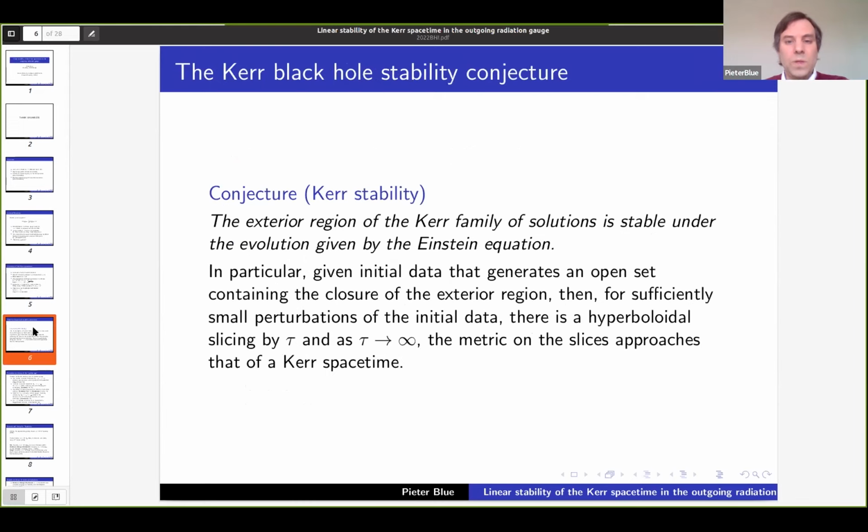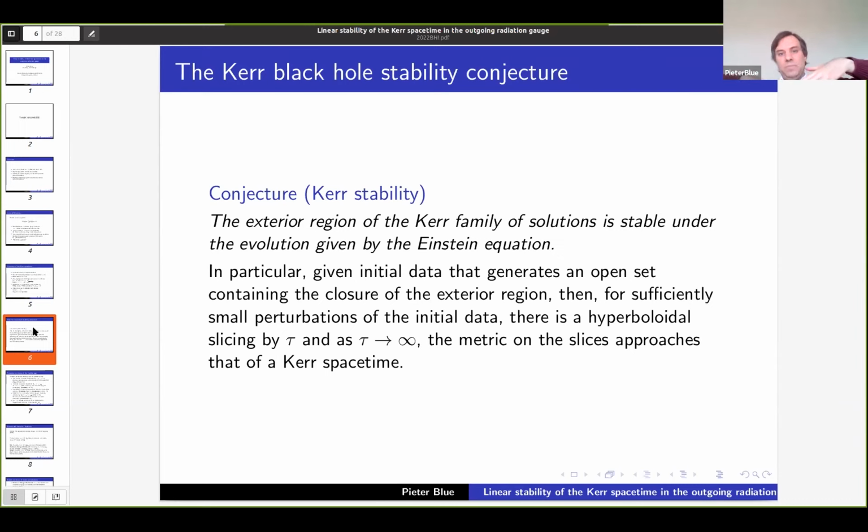All right, so the main motivating problem for this work is the Kerr black hole stability conjecture, which I'll state quite informally, that the exterior region of the Kerr family of solutions is stable under the evolution given by the Einstein equation. We have an initial value problem. If you take initial data for the Kerr black hole, you don't want to look at just the exterior. You want to have something that extends a little bit into the interior. You can then evolve that forward into the future.